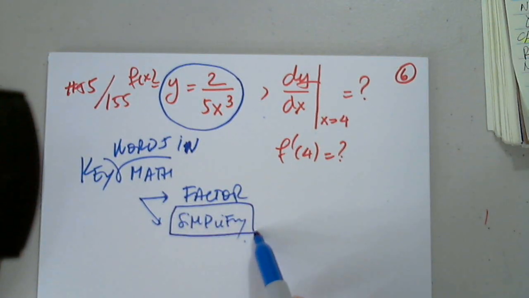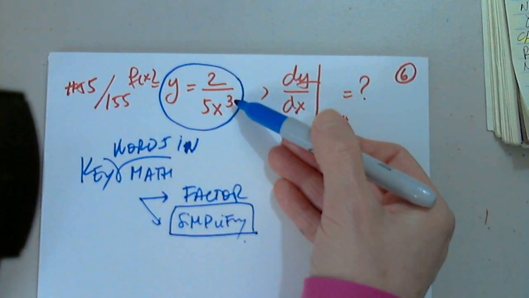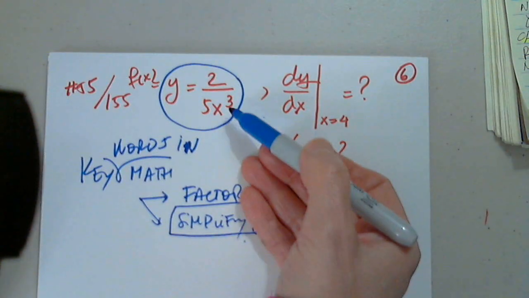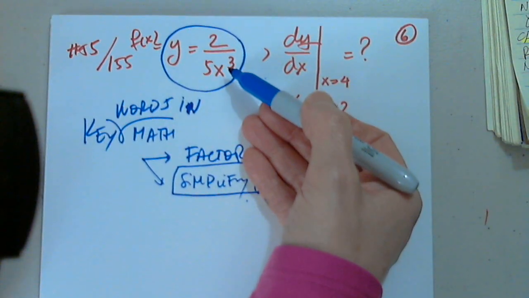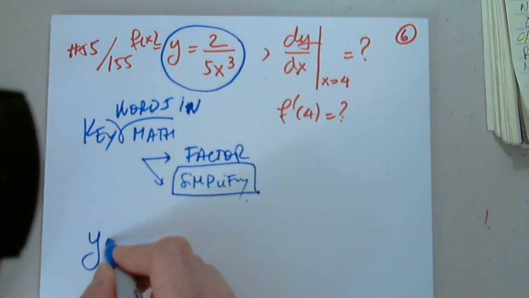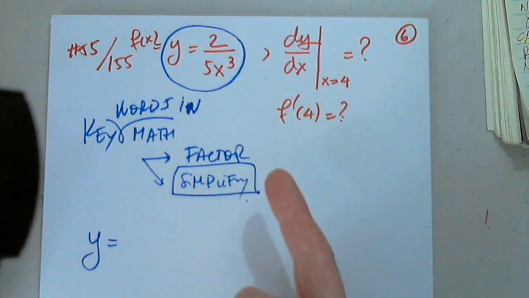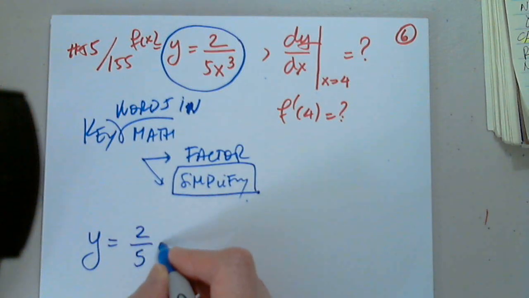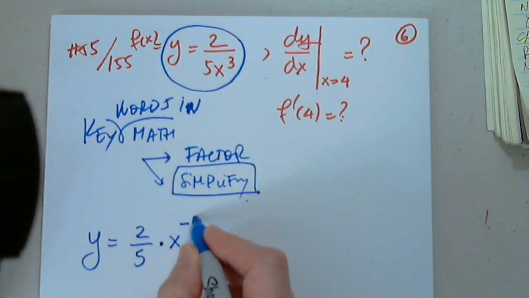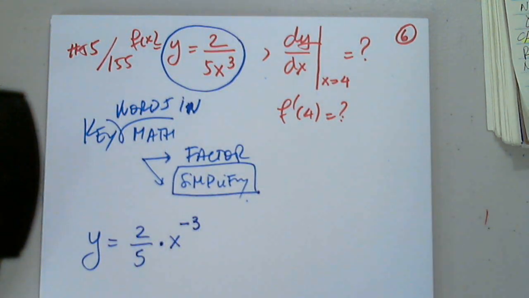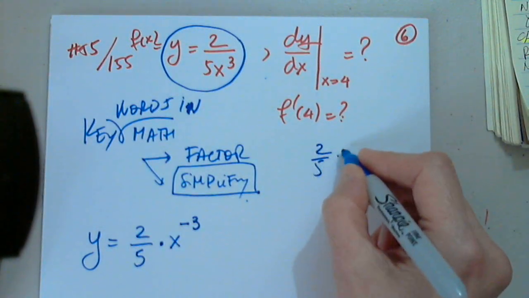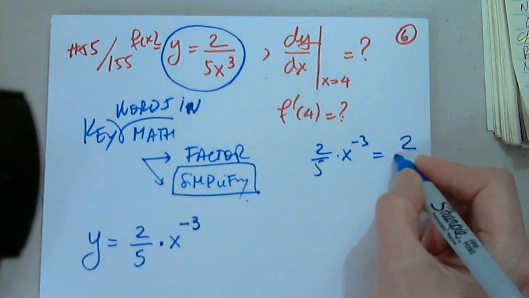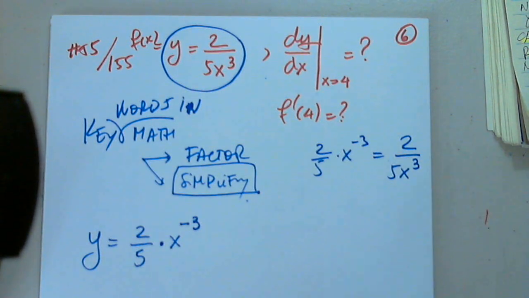Something that I can apply here to simplify it, because this is more difficult. So I'm going to change this into y equals 2/5 times x to -3, and that's why we discussed the exponential rules. How do I know that this is correct? Because 2/5 times x to -3 is 2 over 5x to the third.